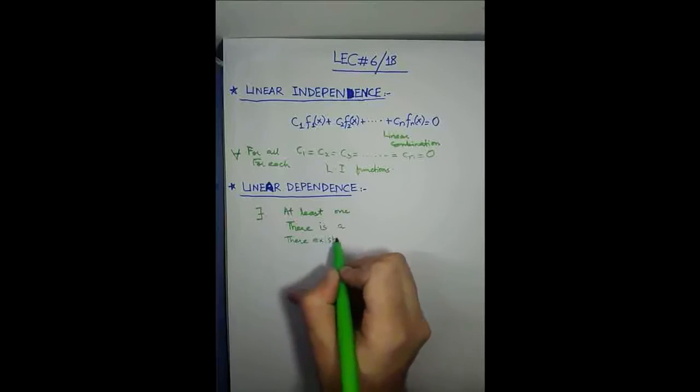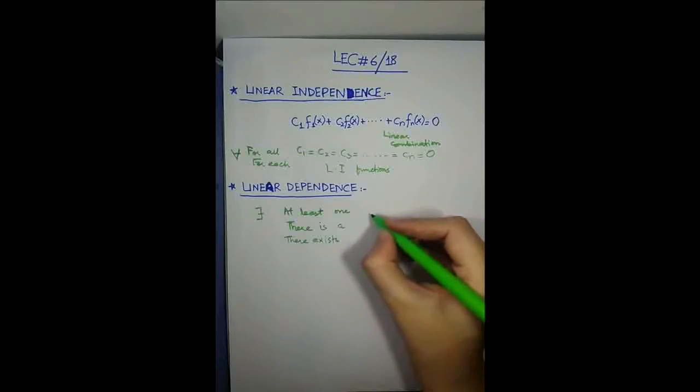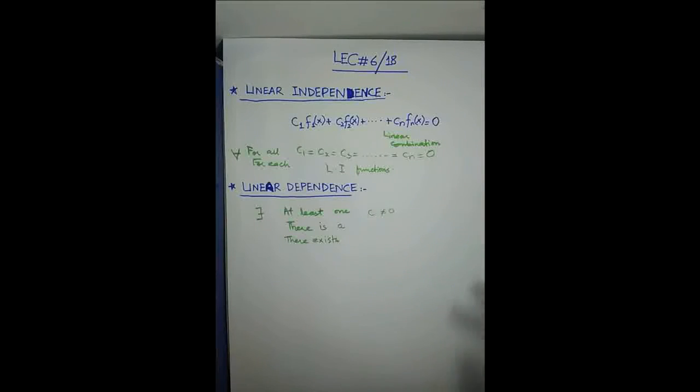That means at least one C is non-zero, and then it is a linearly dependent function. It is not a linearly independent function.